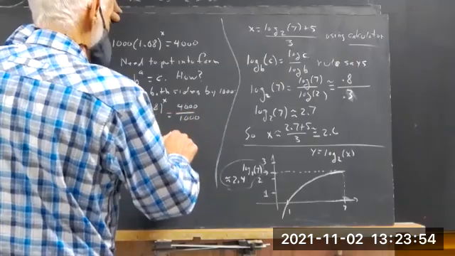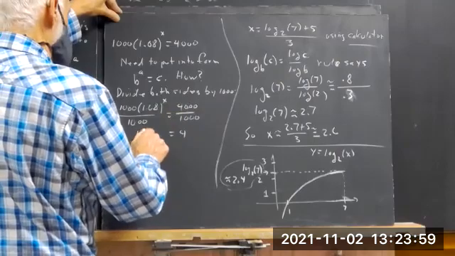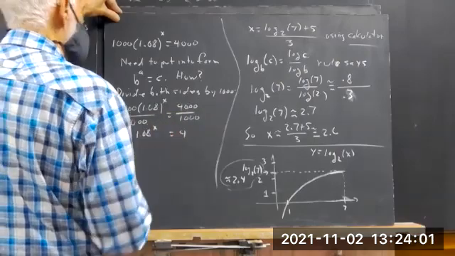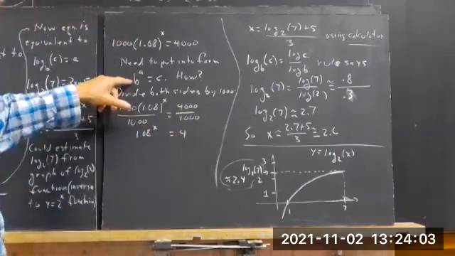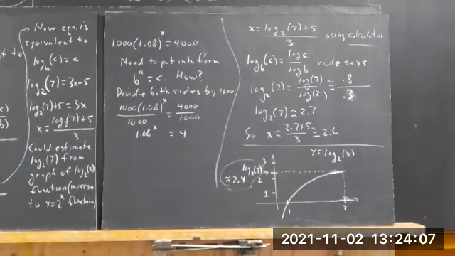That's an easy division. That's going to be 4. Of course, the 1,000 divides out, and we have 1.08 to the x equals 4. And now this is in this form. So, see what you get now.